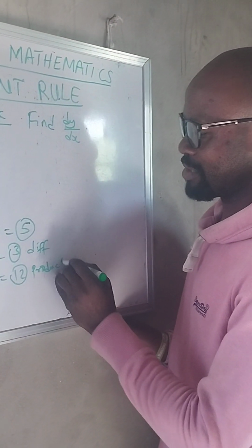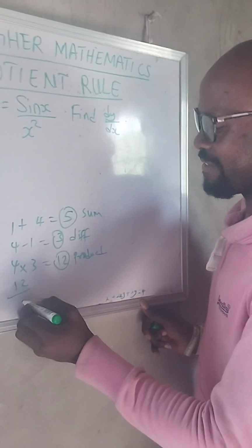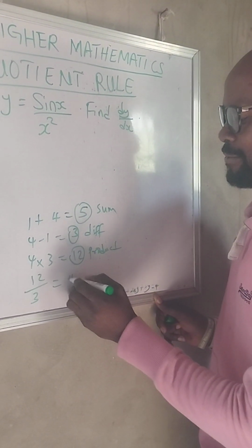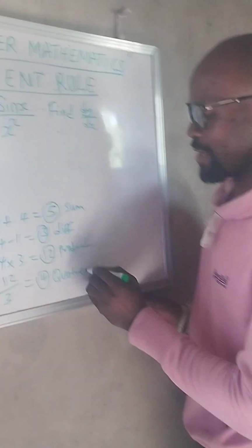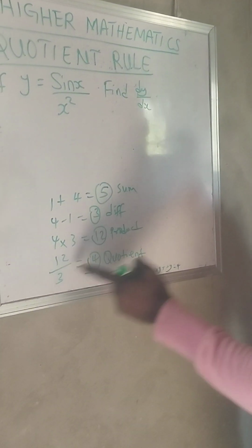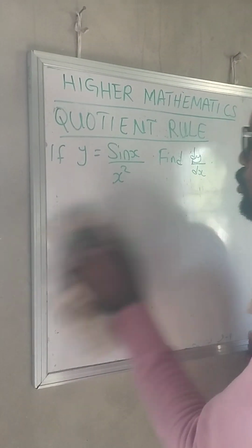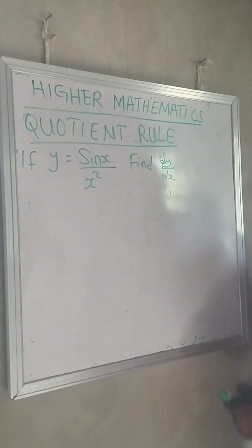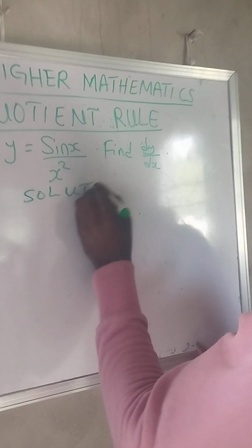These are elementary things we know. Then when you have 12 divided by 3, for example, is 4, 4 is called quotient. This is where the word quotient came from: division.